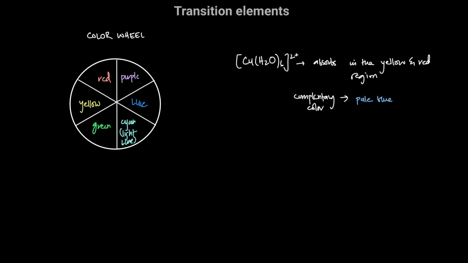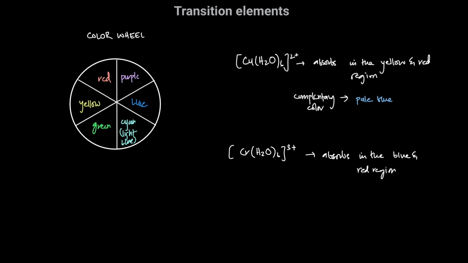Another example that we have is Cr(H2O)6 3+, the chromium 3 hexa aqua complex, and this absorbs in the blue and red region. So if it's absorbing in the red and blue region, the color directly opposite that is green.